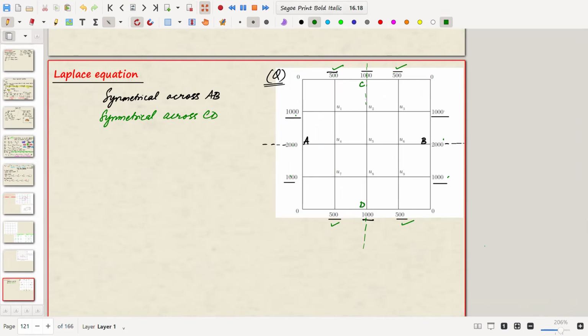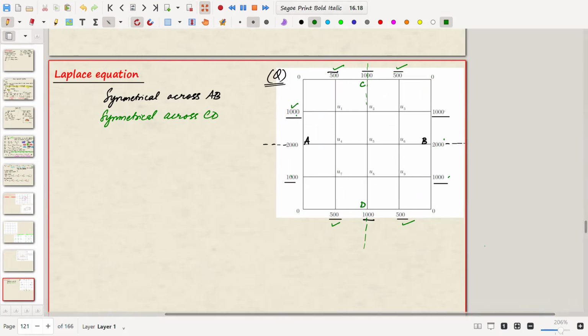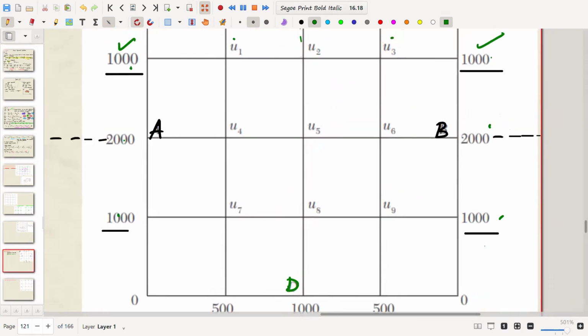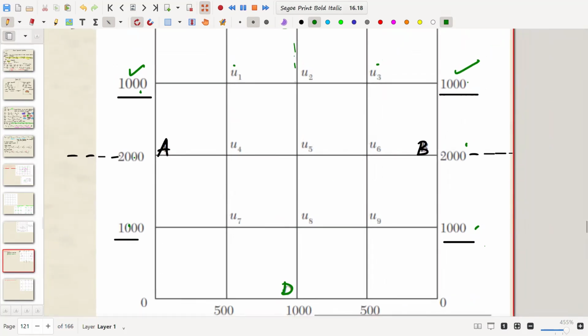See, if this value equals this value, then this value should be equal to this value. Are you getting the idea? U1 should also be equal to U3. U4 should be equal to U6. U7 should be equal to U9.